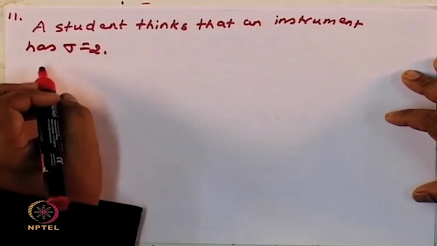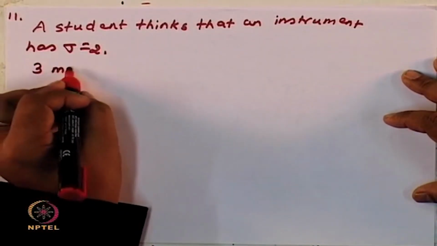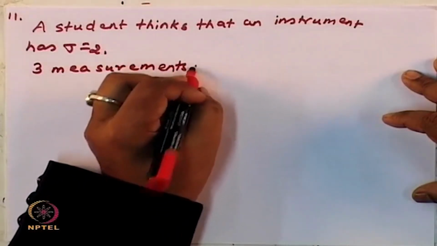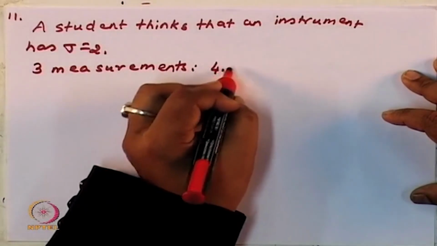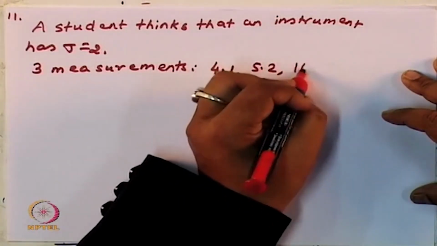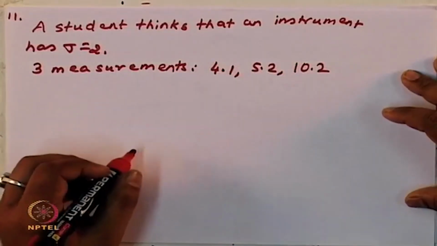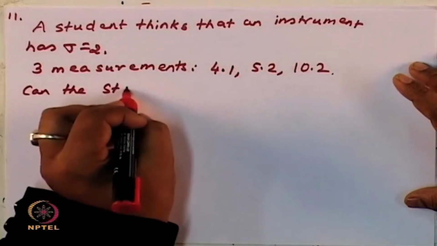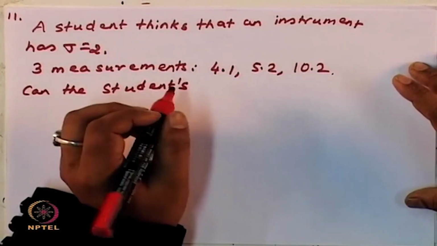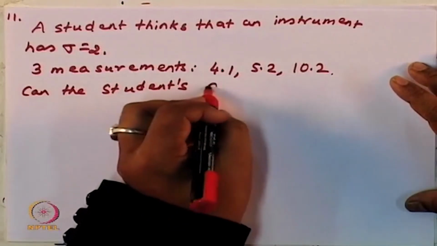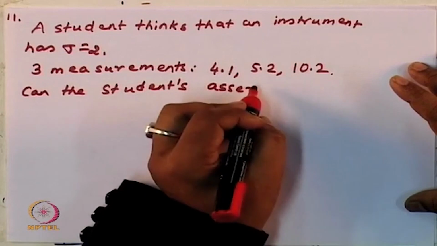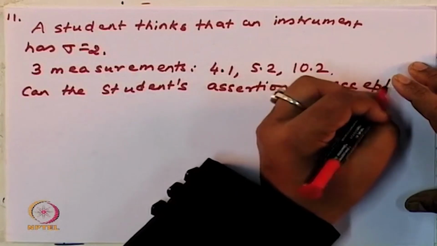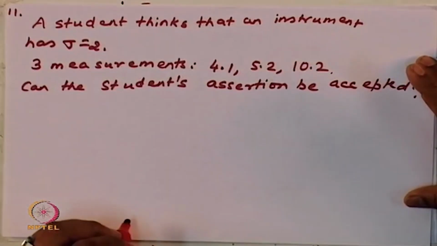And she has done 3 experiments, 3 measurements, which led to the values of 4.1, 5.2 and 10.2 respectively. Okay. So, can the student's assertion be accepted? Okay. So, what do we do?